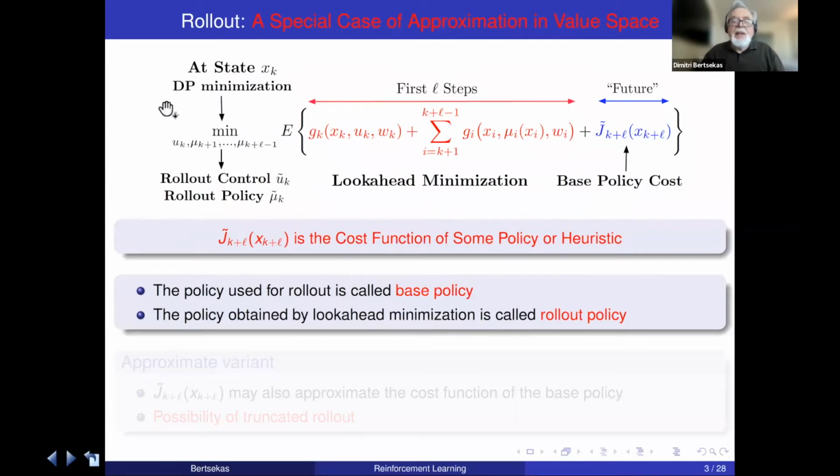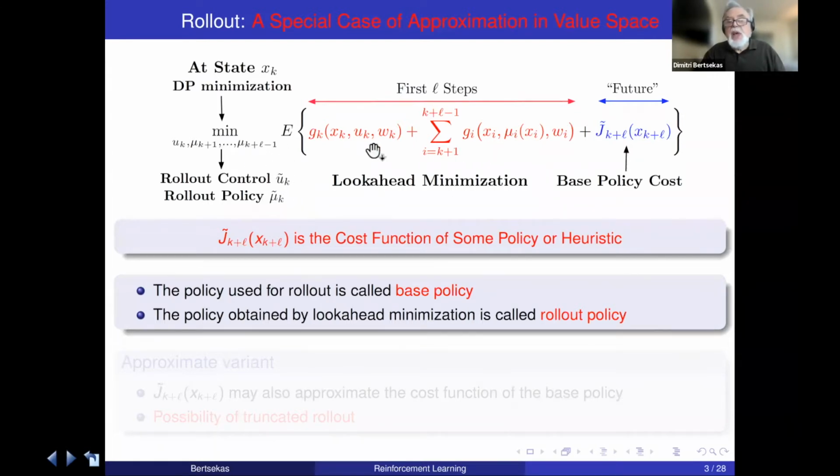So we have all the other aspects of approximation in value space. We have at a given state, xk, we do this minimization that involves the first L steps and the future stages as represented by the base policy and its cost function. And we do this minimization and we obtain the rollout control that we apply at state xk. And a rollout policy, which we denote by mu tilde k of xk, is just this control uk.